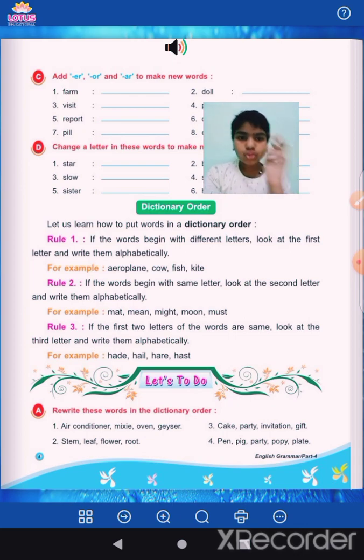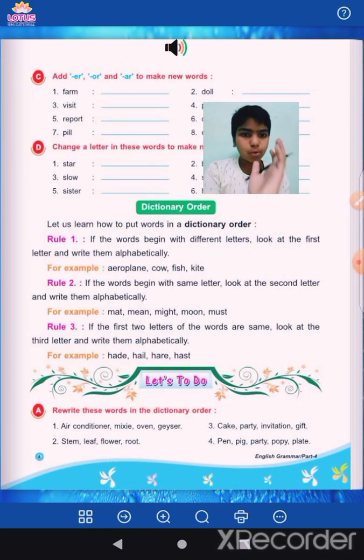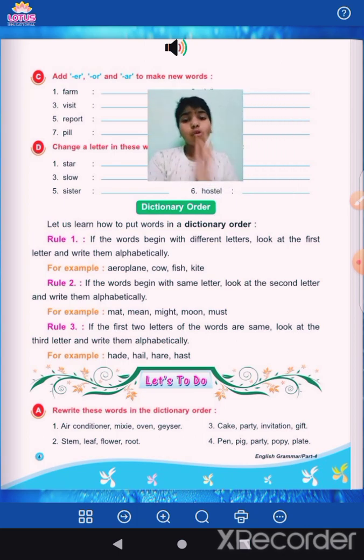There are 3 rules we are going to learn. Let me see how many questions are there. What is a dictionary order? I will be telling you. Rule 1: If the words begin with different letters, look at the first letter and write them alphabetically.